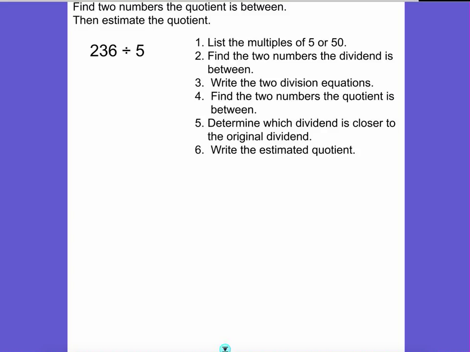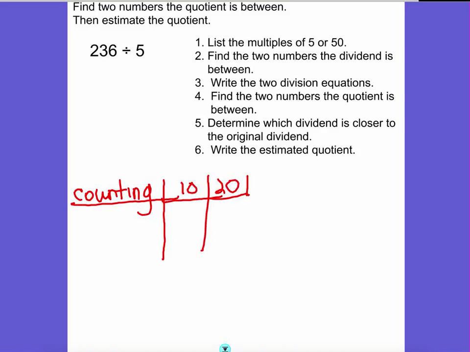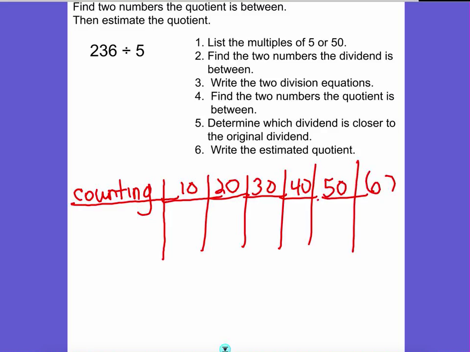If I list the multiples of 5, it's going to take me a long time. So I'm going to list the multiples of 50, and this is how I'm going to do it. We're counting 10, 20, 30, 40, 50, 60, and so on.